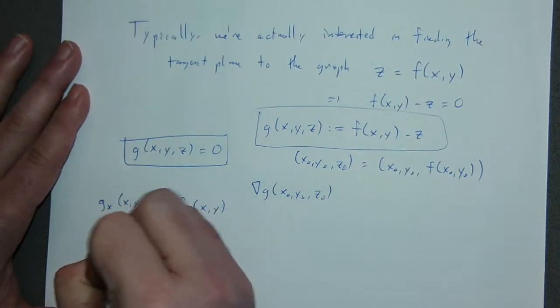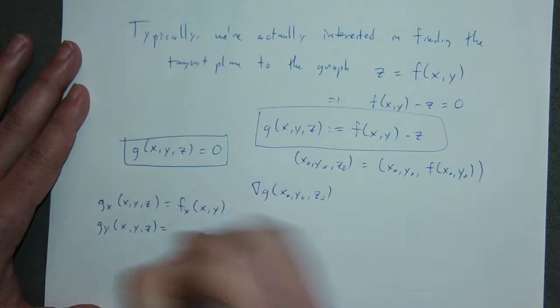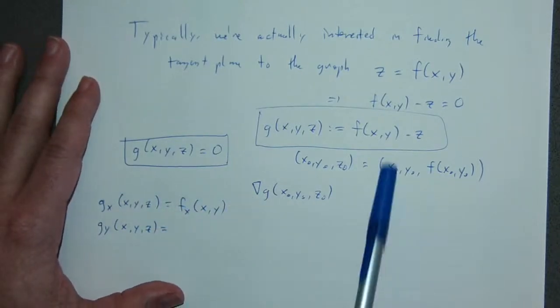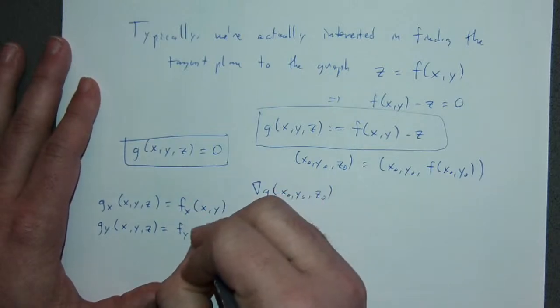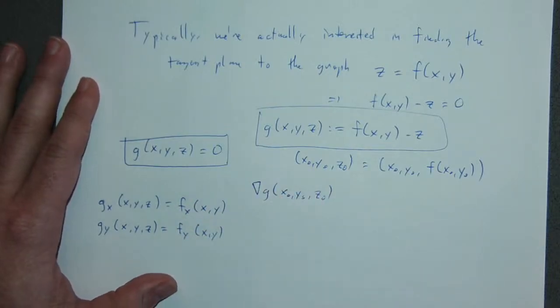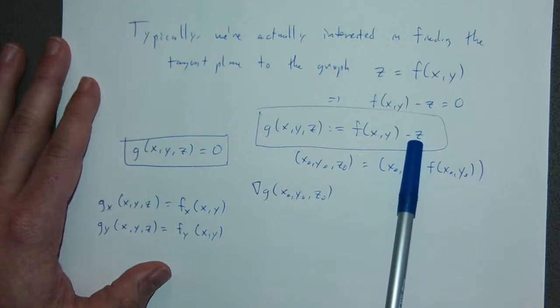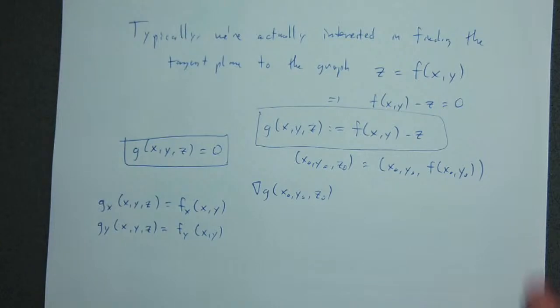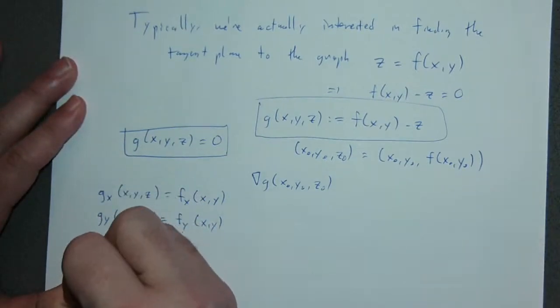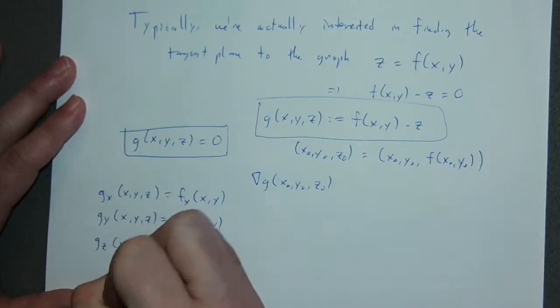What is the y partial of g? Again, I take the y partial of f, that's exactly f sub y at x y, and the y partial of minus z is 0. So the y partial of g is the y partial of f. What is the z partial of g?